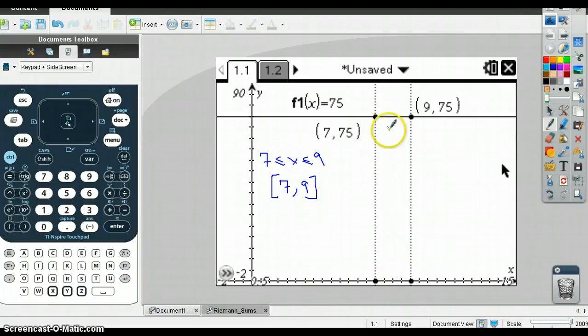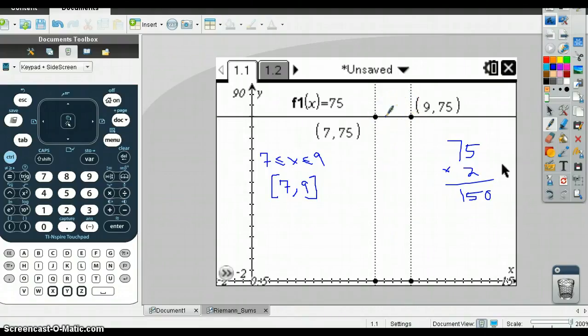We can find how far the train traveled easily. The train is going 75 miles an hour, which doesn't change, over the course of 2 hours. So 75 times 2 gives us 150. So the train's gone 150 miles. That was pretty simple, but what that stems from is the area under a curve.